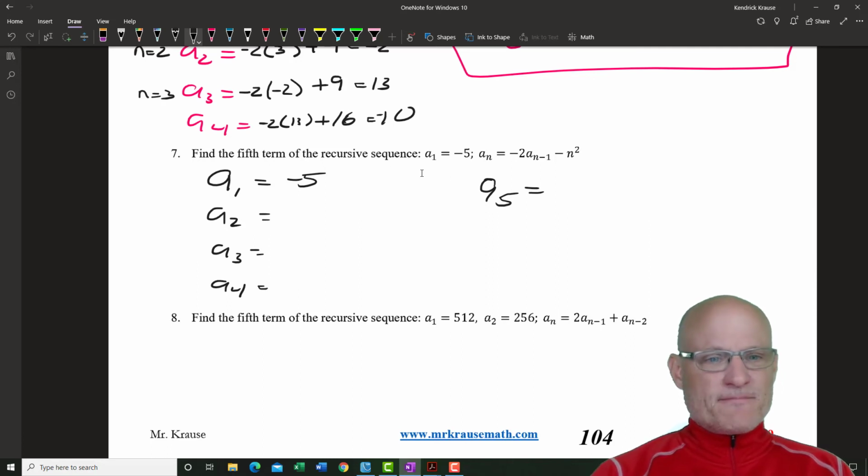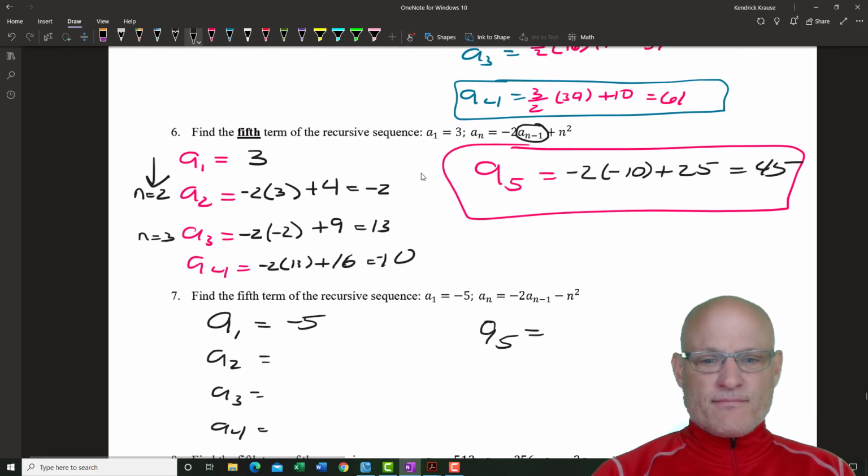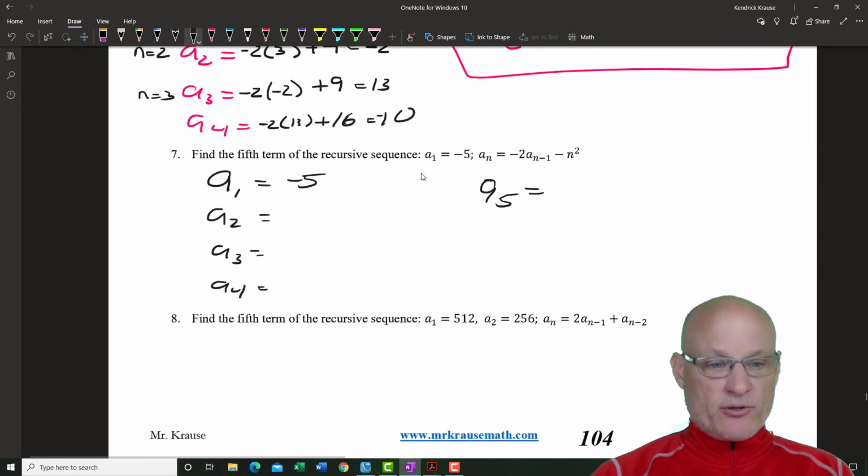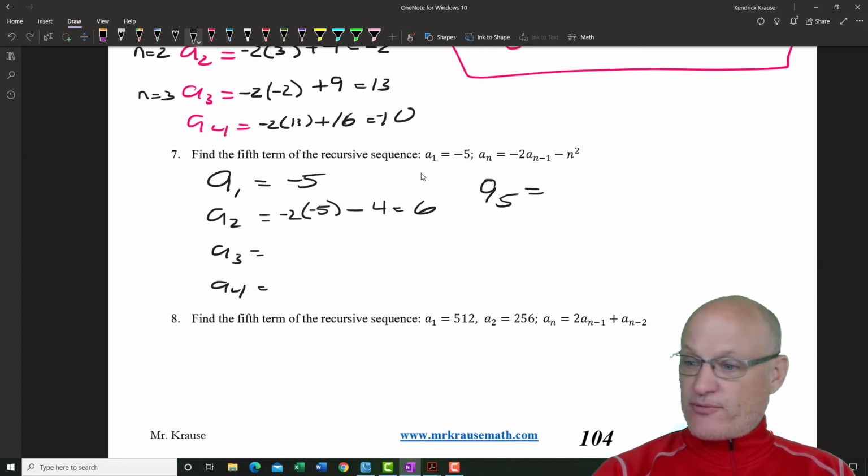Oh, so this is similar to the last one, but we're starting at negative 5, and we're going to do negative 2 times the previous term, which is negative 5. But this time we're subtracting off n squared, so you're subtracting off 4. So that's 10 minus 4, which is 6.